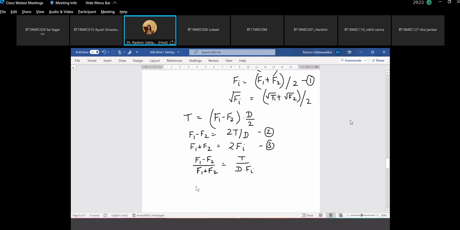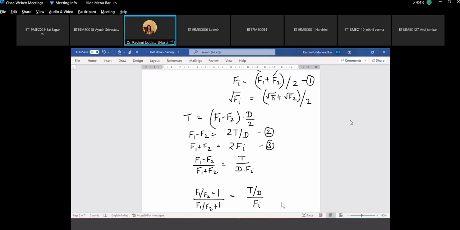If I take F2 common, can I write this also as (F1 by F2 minus 1) upon (F1 by F2 plus 1), which is equal to T by D upon Fi.